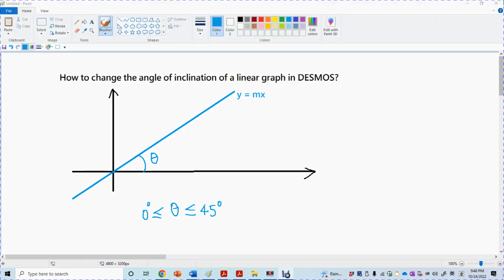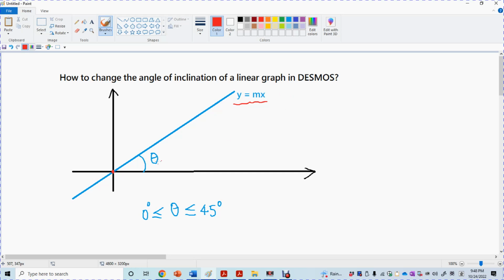Alright, in this video we are going to show how we can change the angle of inclination of a linear graph in DESMOS. For example, if I have a linear graph y equals mx plus c, for this one it passes through the origin, so that's why the c value is 0.